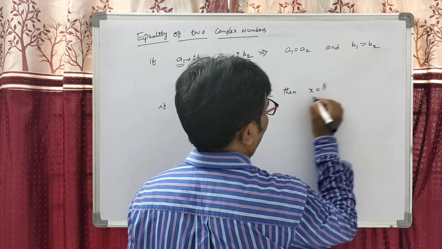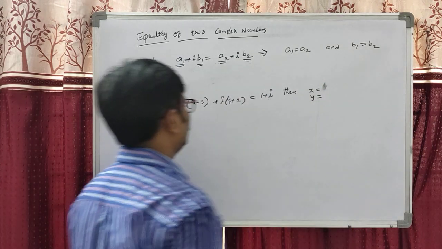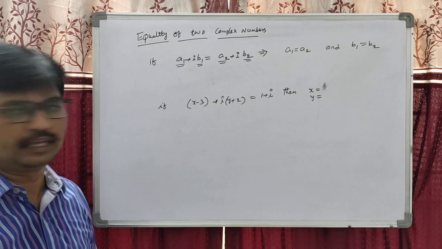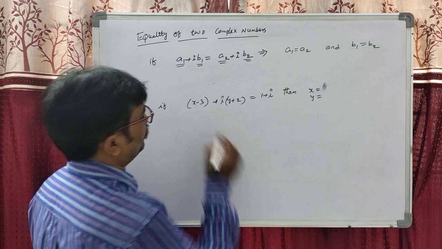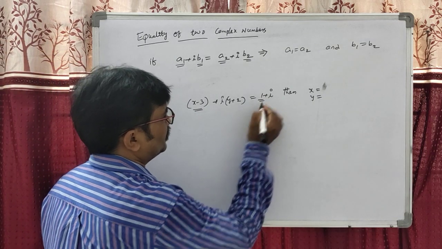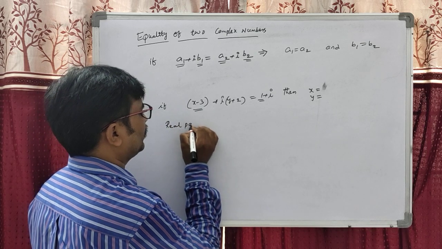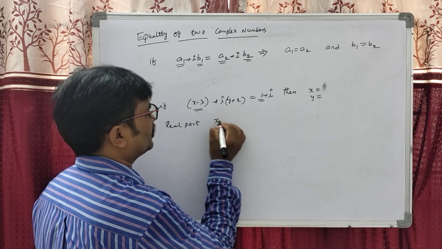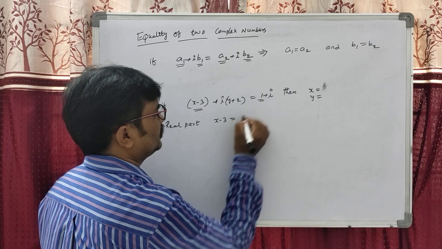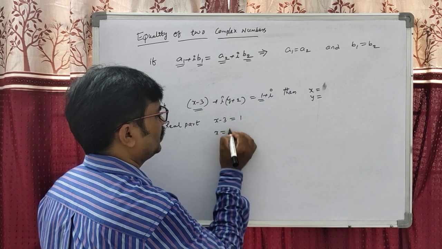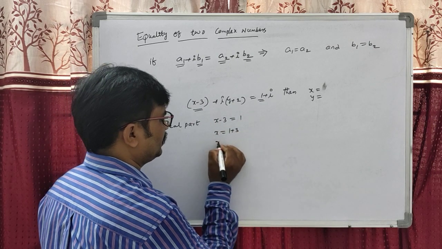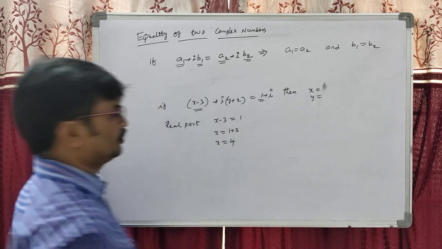First we equate the real parts on both sides. The real part is x minus 3, and on the other side it is 1. Therefore x equals 1 plus 3, that is 4.